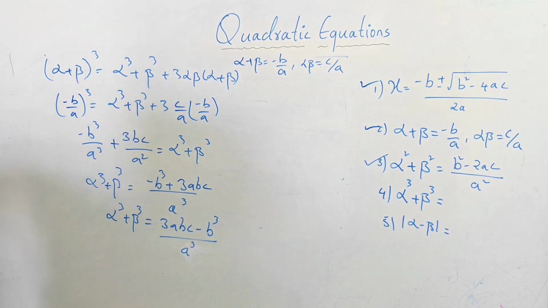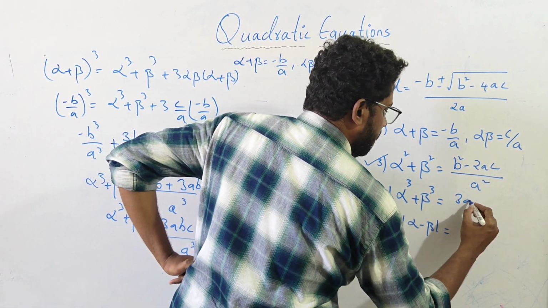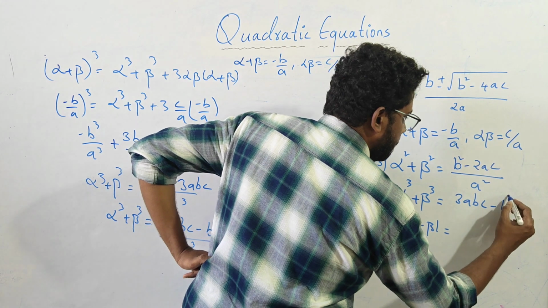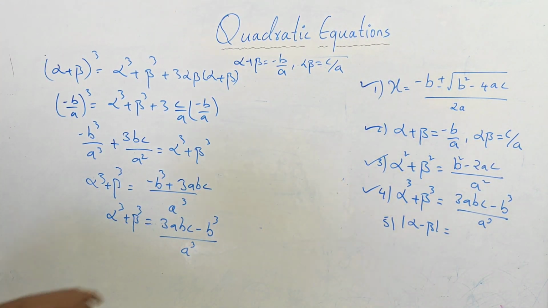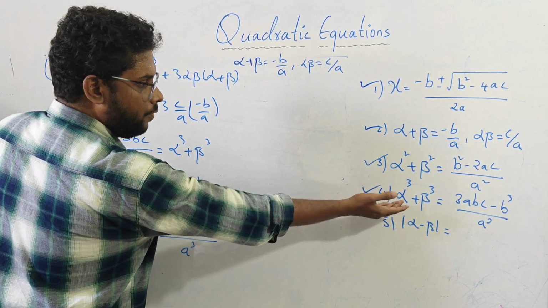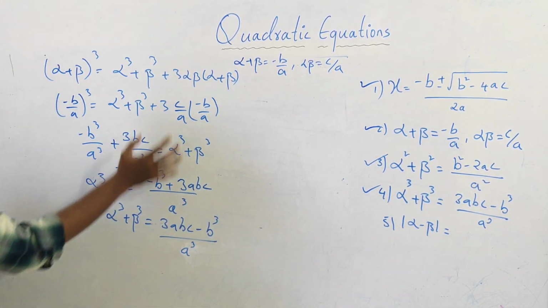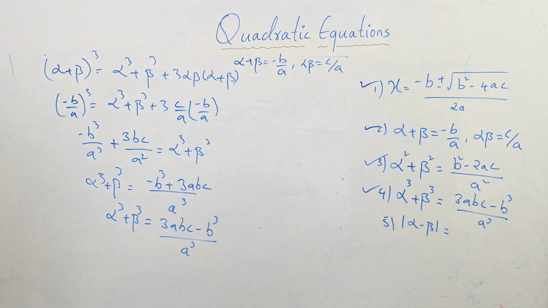This is also very important. Alpha cube plus beta cube is nothing but 3abc minus b cube by a cube. So you have to remember this formula while solving problems. When you come across alpha cube plus beta cube, no need to derive this equation. Just remember this: 3abc minus b cube by a cube.